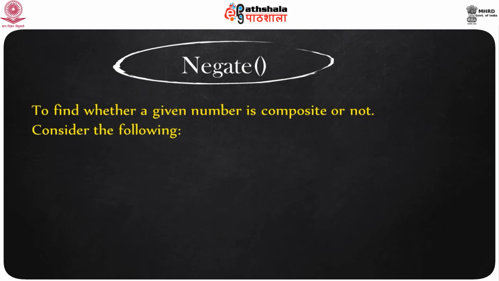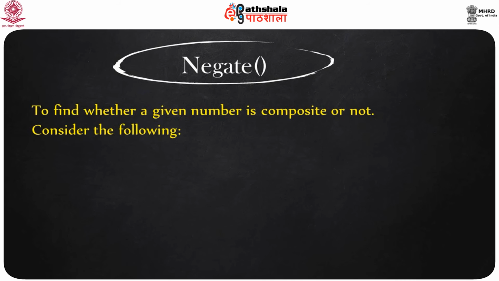As we know, a composite number is a positive integer that has at least one positive divisor other than one or the number itself. In other words, a composite number is any integer greater than 1 that is not a prime number. So, we have the idea now.